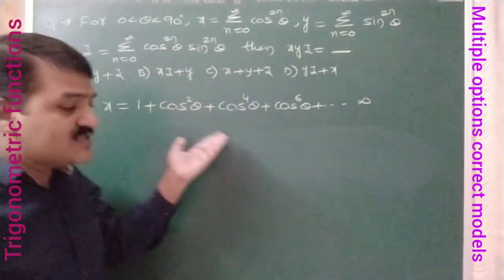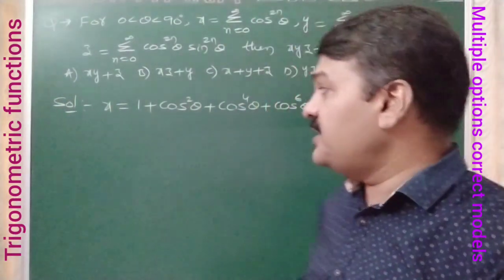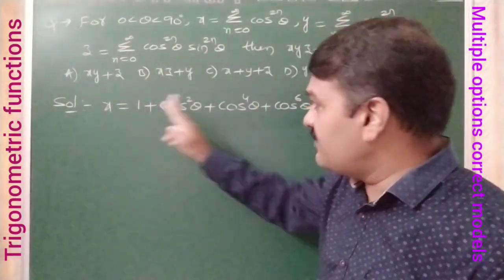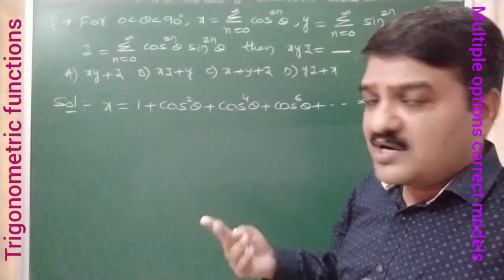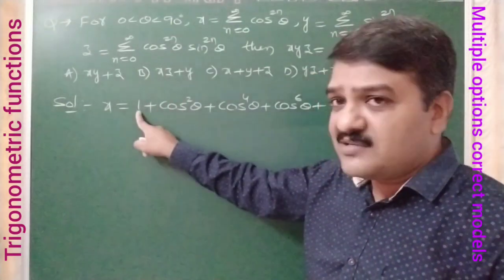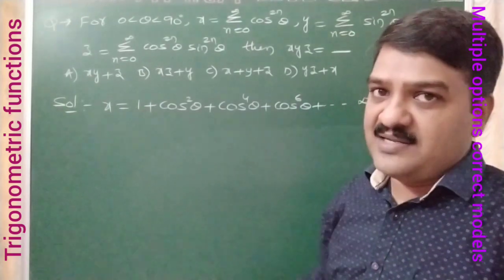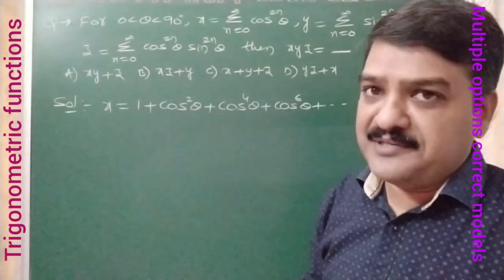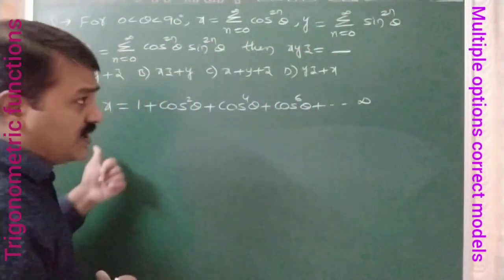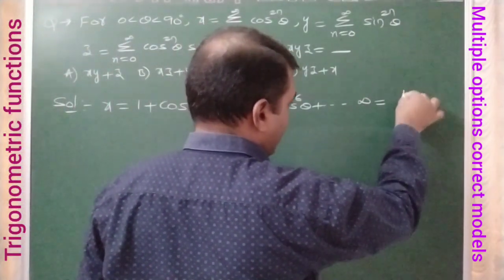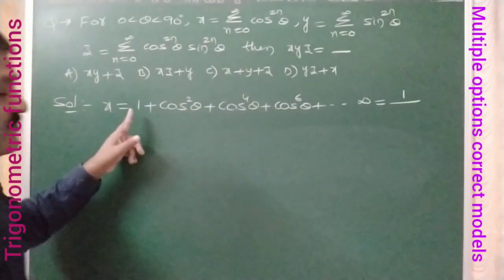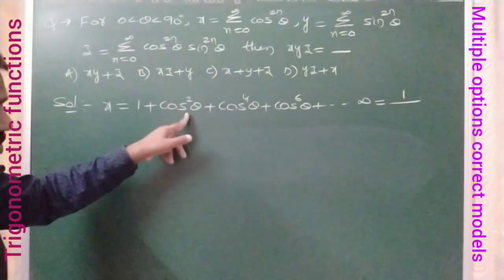And clearly this is a geometric progression because you can see that the ratio of any two consecutive terms is the same. And what is the common ratio? Second term by first term. The common ratio r is cos squared theta, and the first term is 1. So what is the formula? A by 1 minus r. A means 1, the first term, and r is the common ratio, cos squared theta.